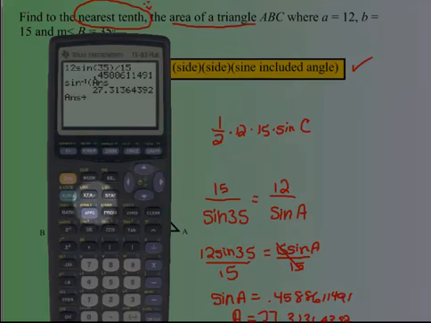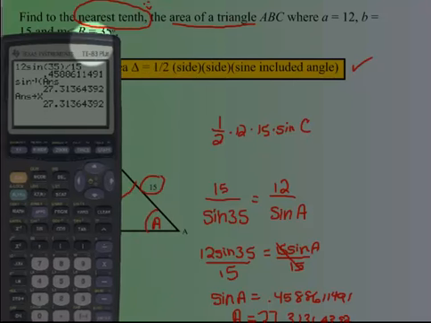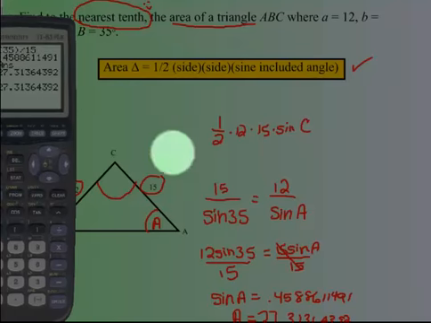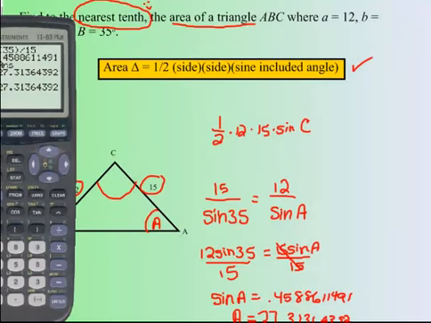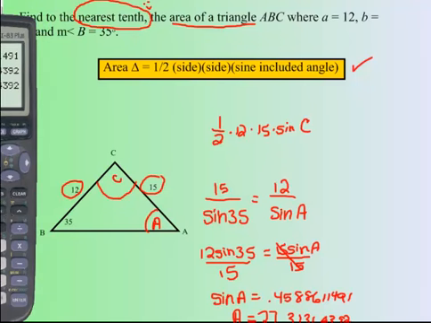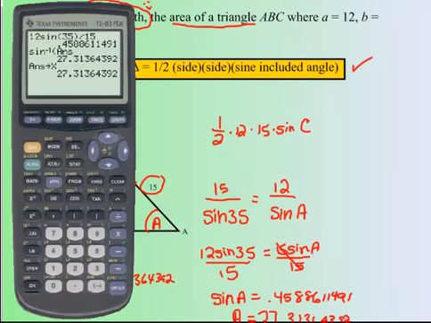That's my angle. I'm going to take that angle and store it to my x value on my calculator. Why? Because I have to use that to find my angle C. 180 minus 35 minus 27.31364. We want to take a good amount of that number because we don't want to be rounding and rounding and then our final answer will be off.